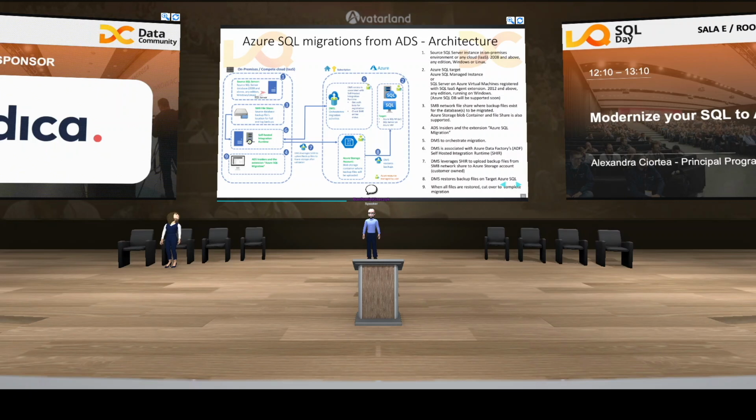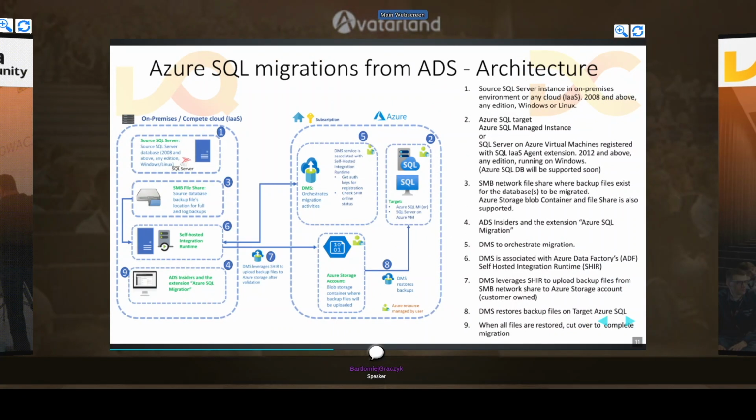And at the same time, we need to configure, but it will be done in the background for us, the DMS service, so the migration service, which will be performing all the migration. The DMS will be using the self-hosted integration runtime. The integration runtime is well known from services like Azure Data Factory, and it's being used to connect from the Azure environment directly to your on-prem environment or environment on the third-party cloud provider, but without any additional configuration of VPNs or ExpressRoutes.